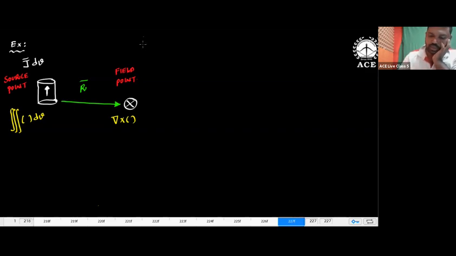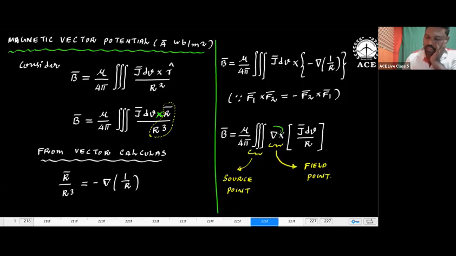Clear? So with this argument, let me go back. I'm going to bring this del outside. Clear? Yes.